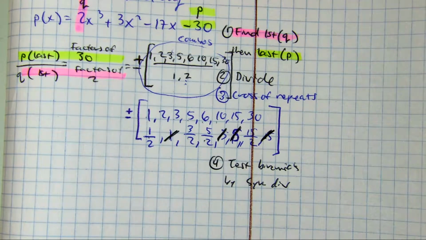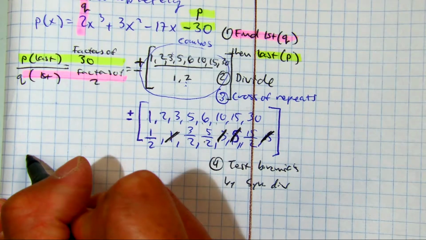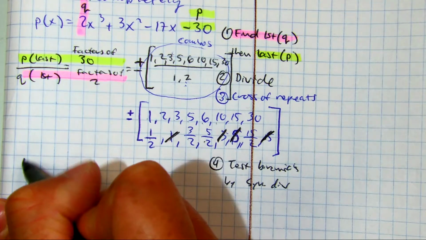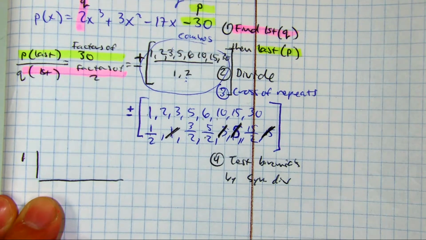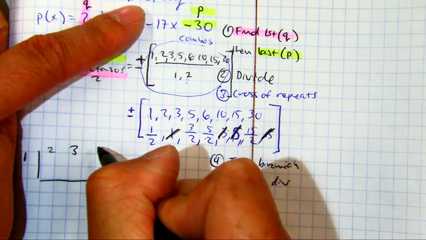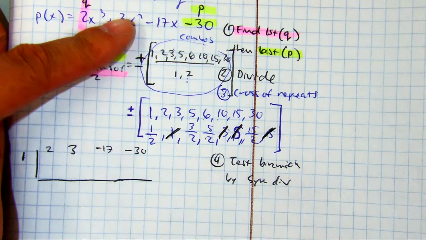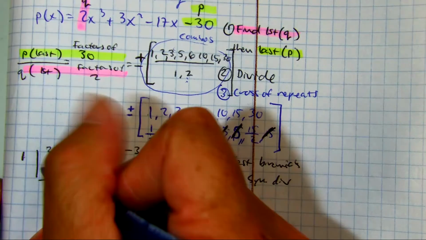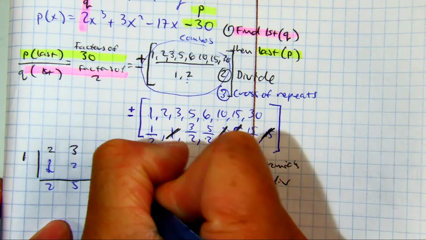Okay, let's test 1. Now really, if I'm testing 1, then I'm just going to write my coefficients. 2, 3, -17, -30. Bring it down. 2, multiply, add, multiply, add, multiply.